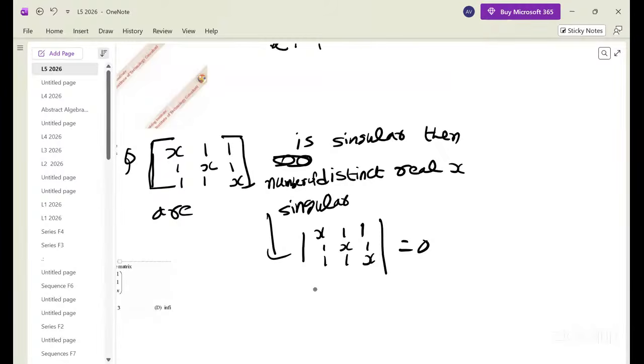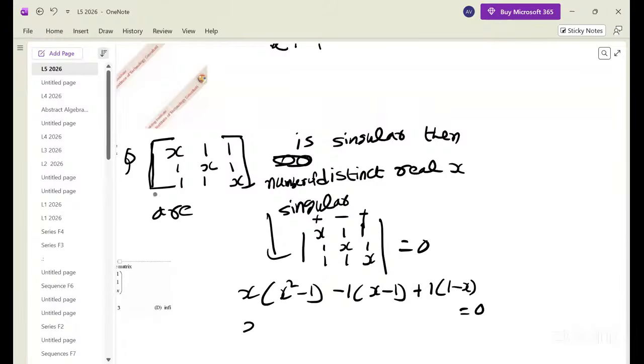Now find out the determinant. How will we find it? Directly also you can find, plus minus plus, or apply some operations like adding the rows and then do it. The option is yours. At present I am doing it directly. x into (x square minus 1), minus 1 into (x minus 1), plus 1 into (1 minus x) is equal to 0.